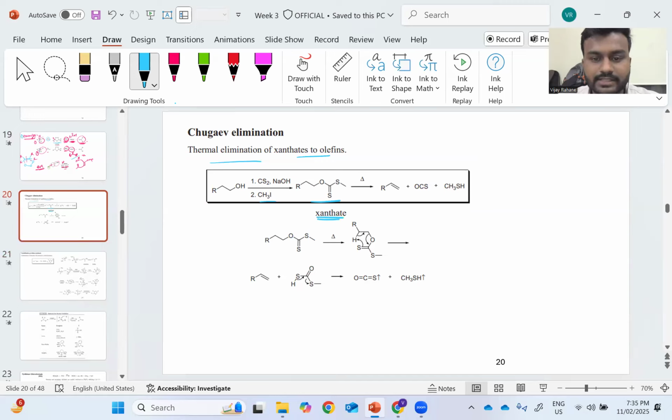When we heat this xanthate, it gives the formation of olefin. The entire xanthate group as well as the proton adjacent to it gets eliminated, giving the olefin as a product. Here, syn elimination occurs, which you have to keep in mind.